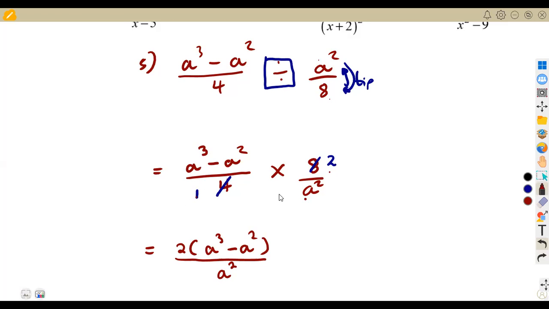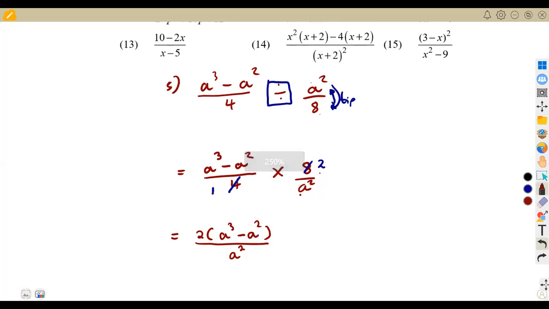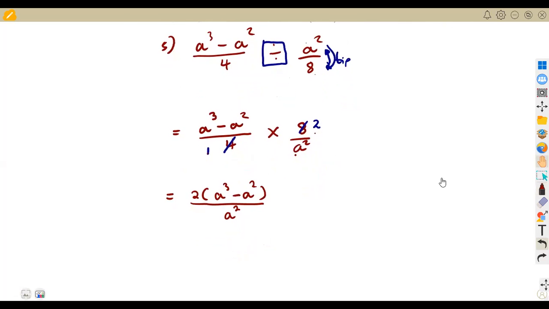So the question is, if I'm having this now, how am I going to simplify further? All right, take note here, I've got a, here I also have a. So it means I can proceed with my factorization, just like the previous case that I had. I'm going to factor out the one that has the smallest exponent, which is a squared.